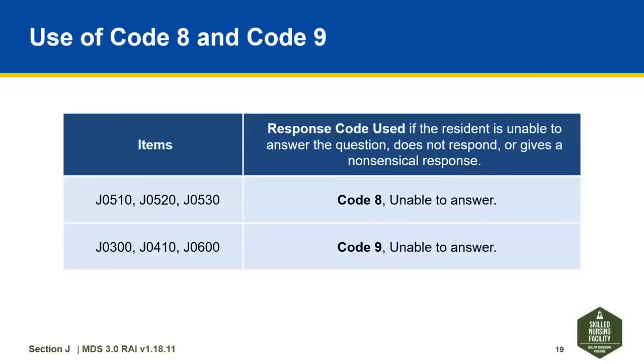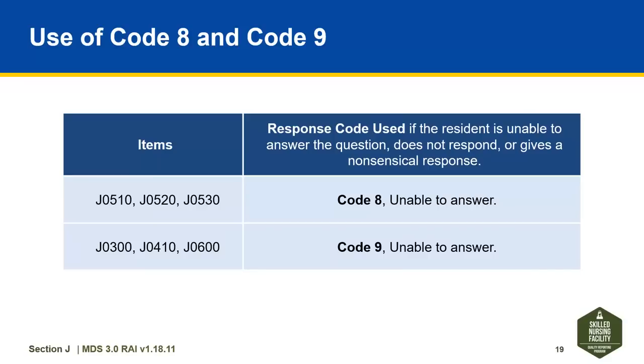Note the different response codes used to indicate if the resident is unable to answer the question, does not respond, or gives a nonsensical response. For J0510, J0520, and J0530, code 8, unable to answer, if the resident is unable to answer the question, does not respond, or gives a nonsensical response.